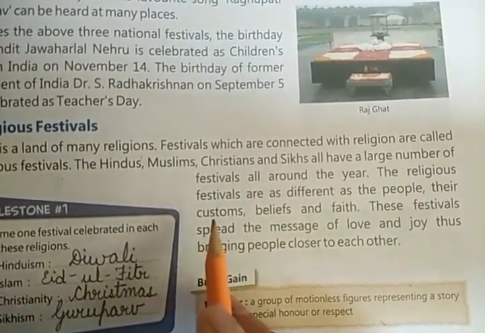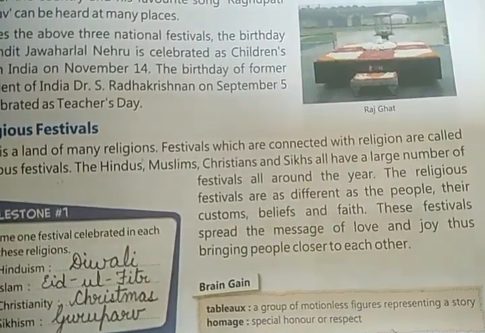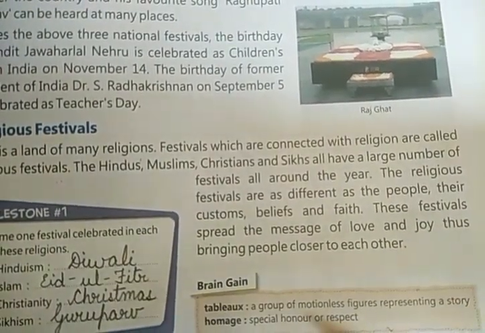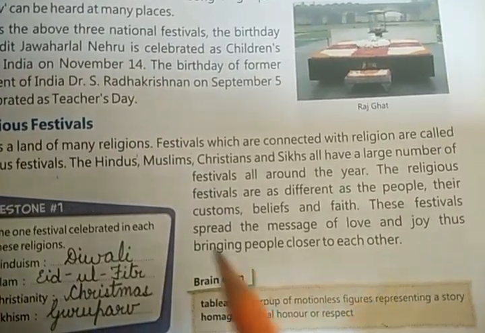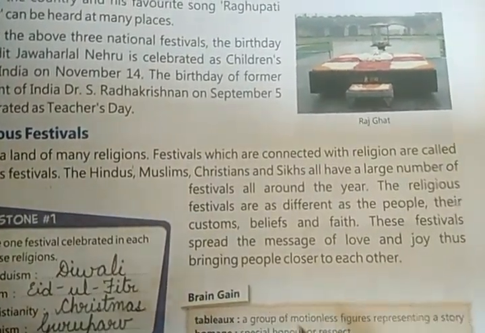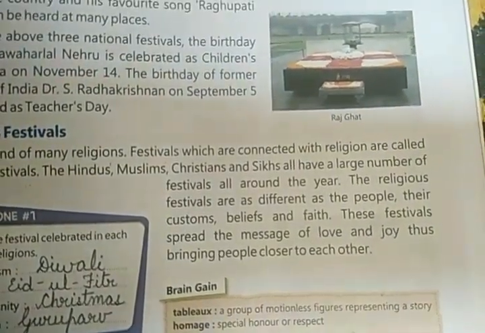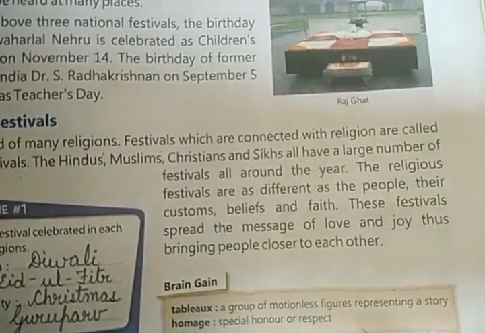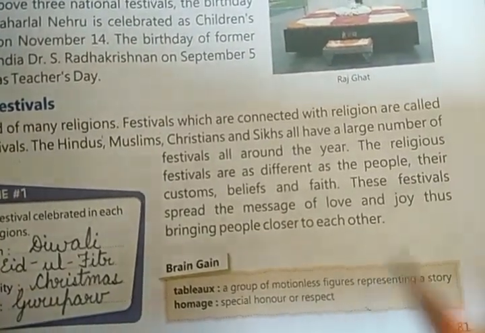Like Diwali is celebrated in a different way, Guru Parv is celebrated in a different way, Christmas is celebrated in a different way, Eid al-Fitr is celebrated in a different way. Why? Because all these festivals are related to different religions, and as people of different religions follow different cultures, different faiths, different beliefs, they celebrate their festivals also in their own way.